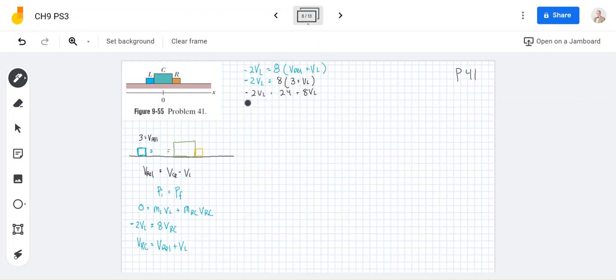So subtract this from both sides, I end up with negative 10 VL is equal to 24. So VL is equal to negative 2.4 meters per second.